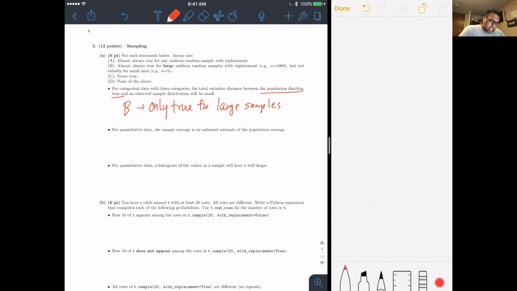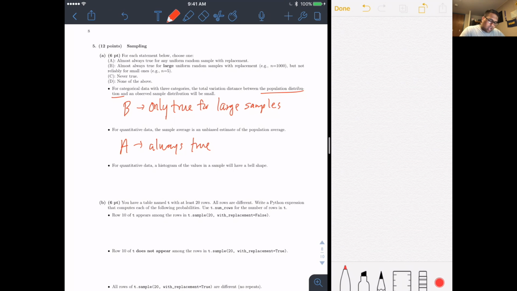The second one, for quantitative data, the sample average is an unbiased estimate of the population average. Well, yeah, we've been using this as a basis for a lot of our statistics throughout the course, and this is always true, regardless of if we have a big or small sample. So that's going to be A.